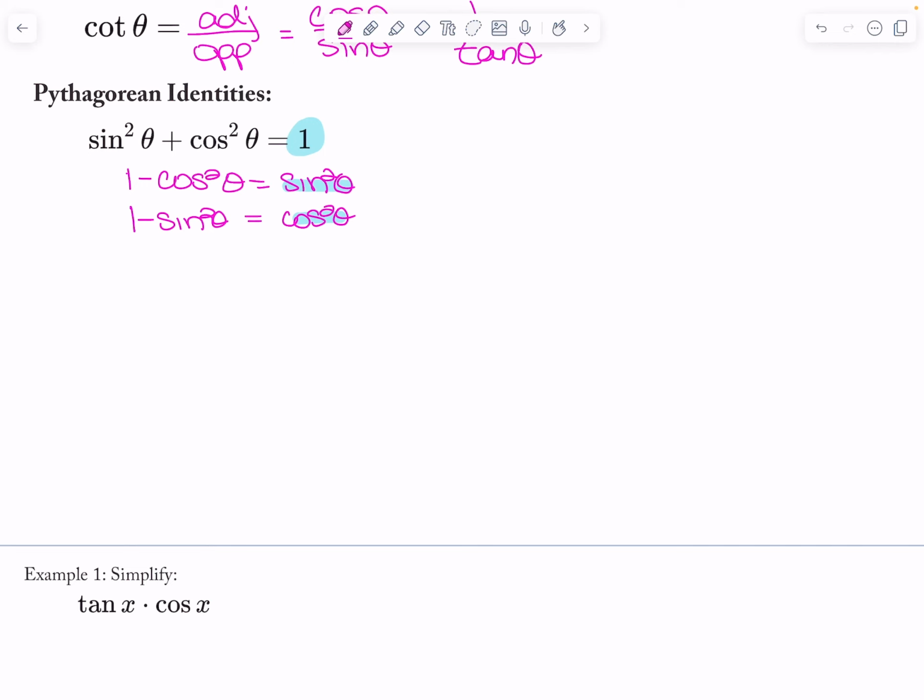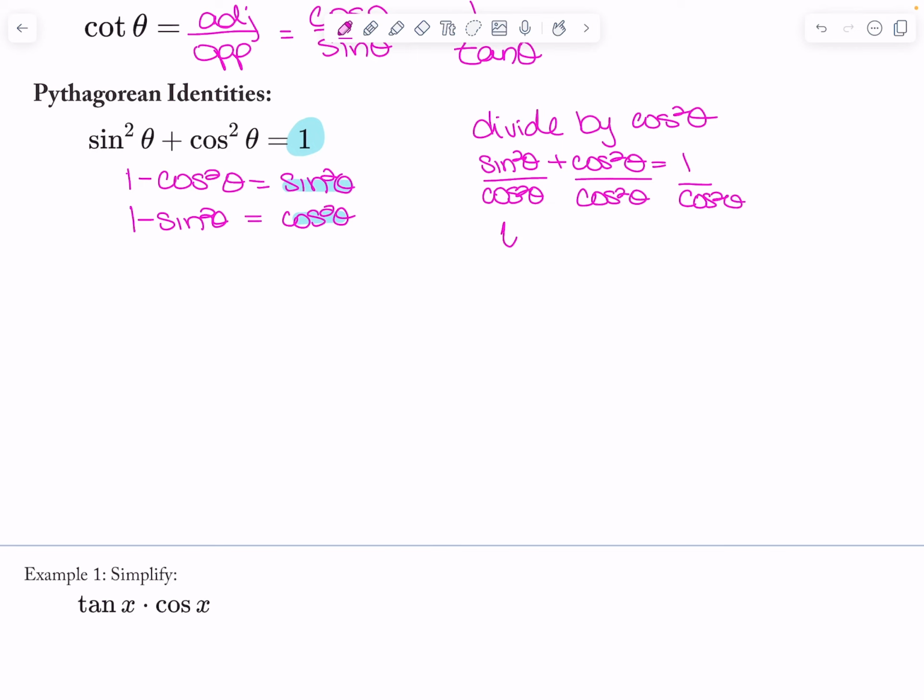Okay, so when I look at this, I can also create more Pythagorean identities by doing a couple things. I can divide everybody by cosine squared. So divide everybody by cosine squared, and I get tangent squared plus 1 is equal to secant squared.